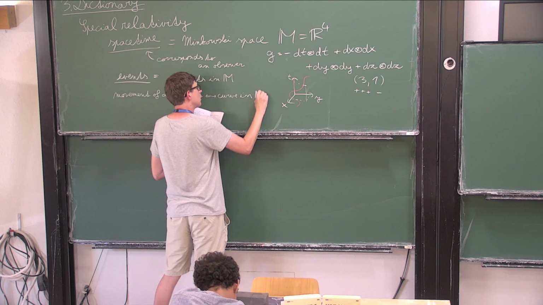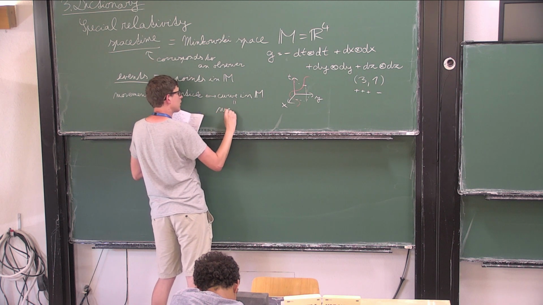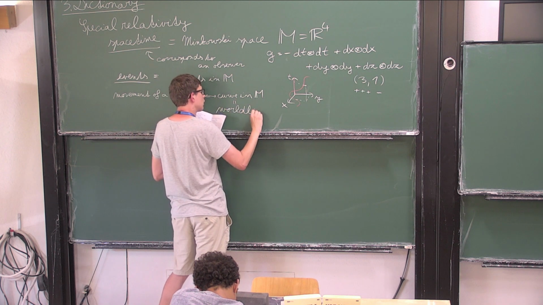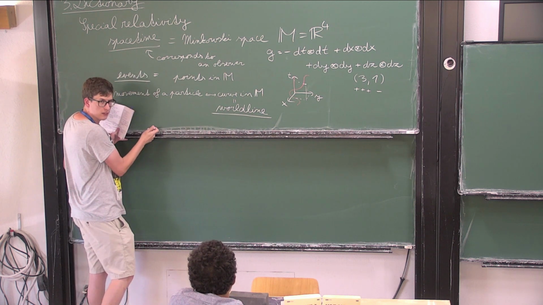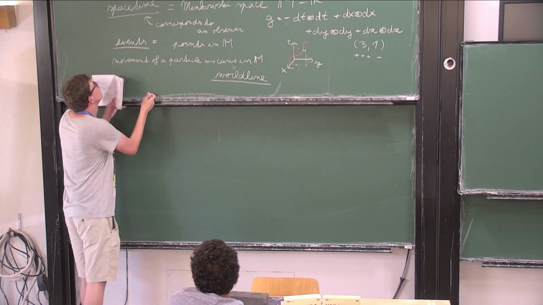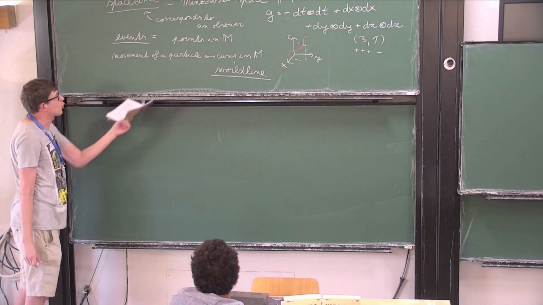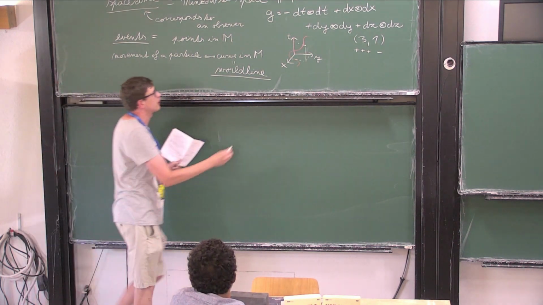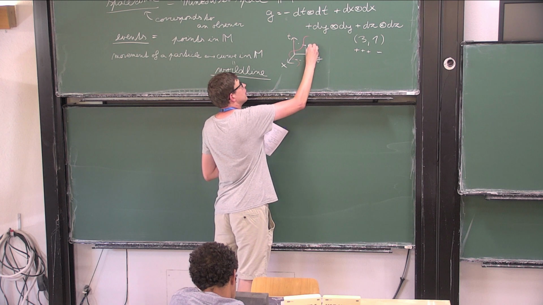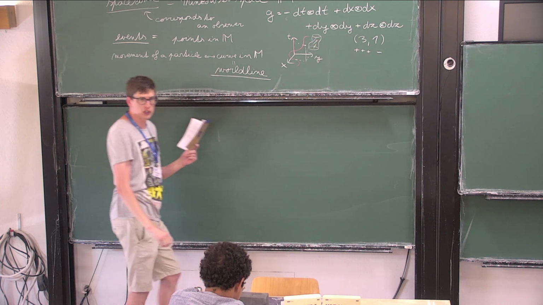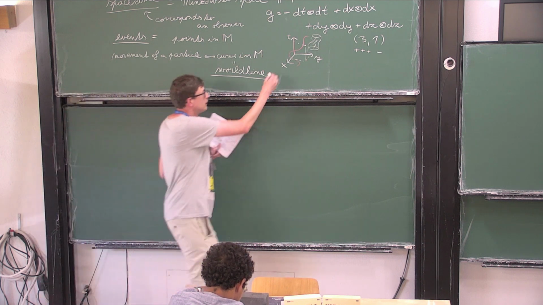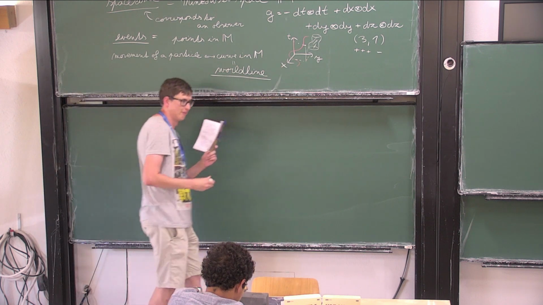This is typically called the world line, if I remember correctly. In string theory, you have world sheets, because you have a string that moves and cuts out a surface. It's called a world sheet. And if you have a brane, that's called the world volume.